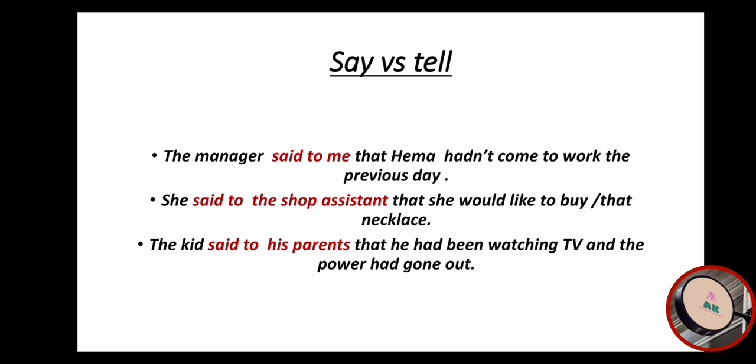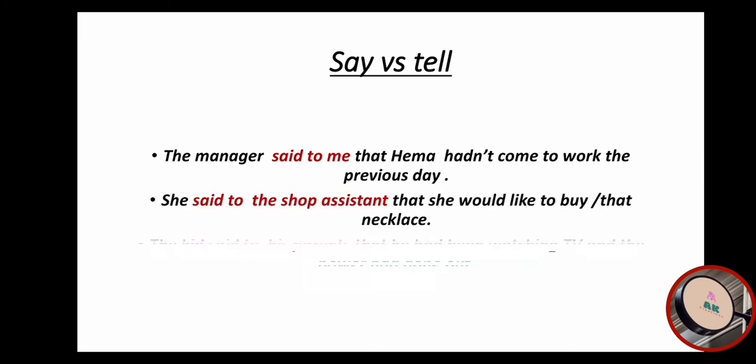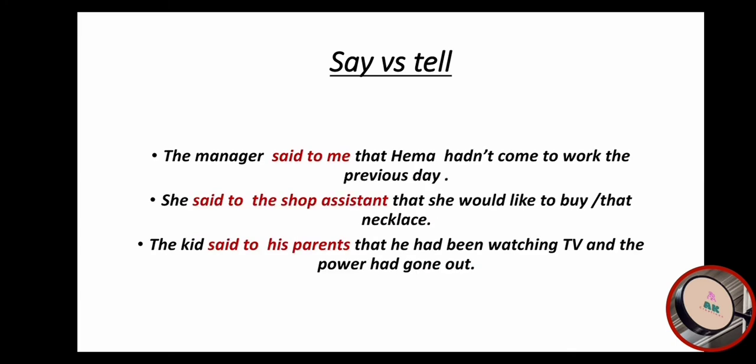Okay, so these three I have mentioned over here: the manager said to me, said to the shop assistant, said to his parents. It's not giving a complete sentence. So how to change it? See the rule you have to remember for this say and tell.